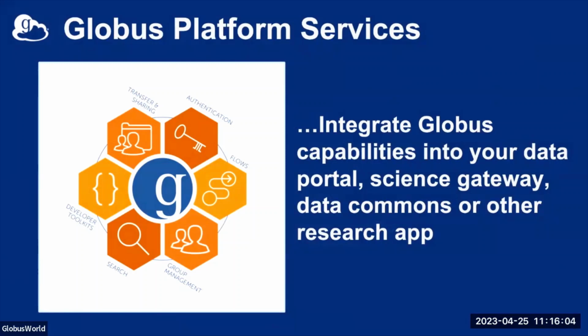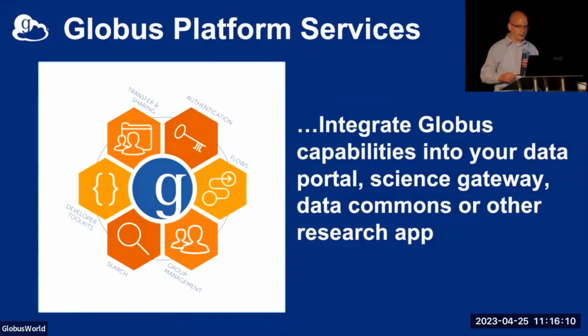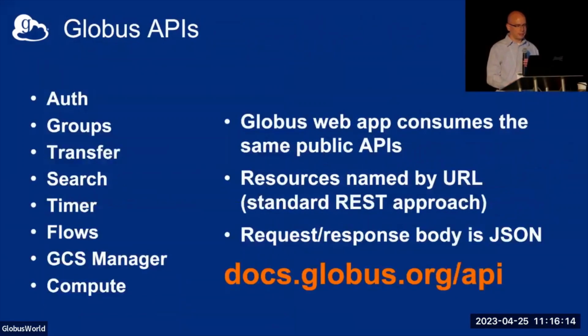Basically, everything that you can do in the Globus web app, anything that you can do from the Globus CLI, is all accessible programmatically through REST APIs. We have REST APIs for all our major service groups: Auth, Groups, Transfer, Globus Search, Timers, Flows, GCS, and recently we've added Globus Compute.